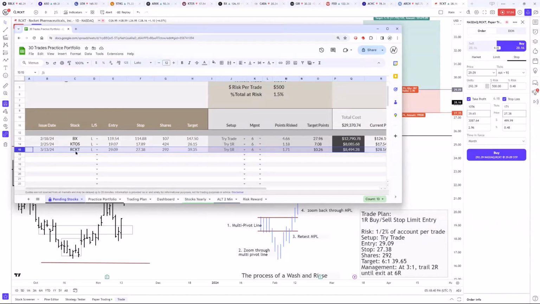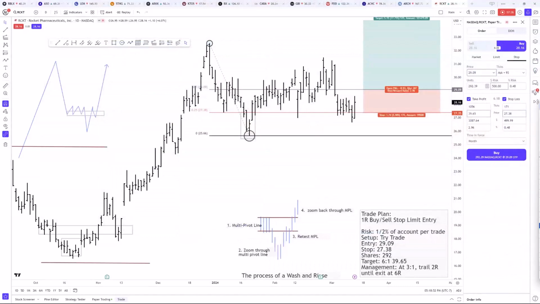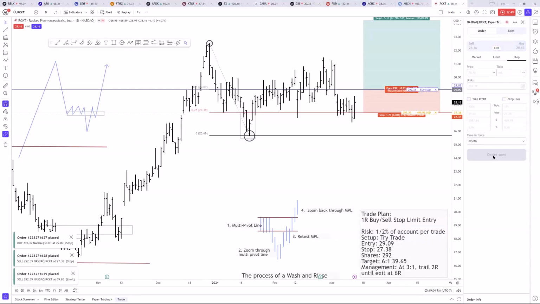Okay, Toast BX and now Rocket. So I enter in here. You can see the shares. Make sure everything matches up. My target, I'm going for 6R, risking that amount of points. So that's just part of the documentation. And we'll double check everything. 292 and orders away.